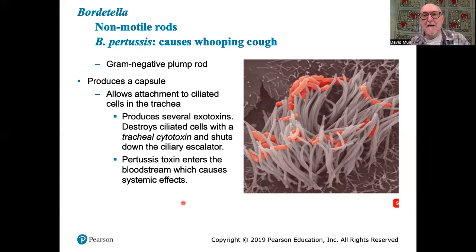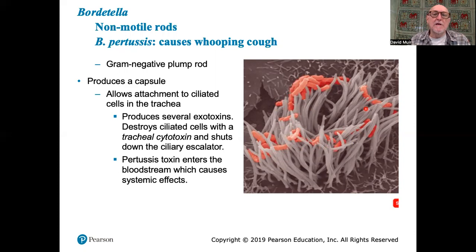Bordetella pertussis is obviously gram-negative, like the proteobacteria. It's a plump rod. Here you can see it. These are the red cells here of Bordetella. And Bordetella produces a capsule around the cell, which enables it to adhere to the cilia and to the cells of the respiratory tract.